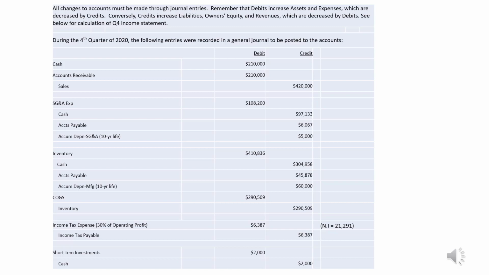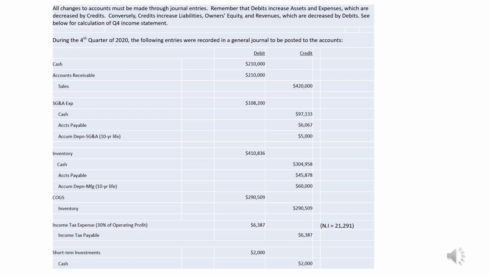Now when I take the sales of $420,000 minus my SG&A expenses of $108,200 minus my cost of goods sold of $290,509, that gives me net income of $21,291. And my income tax is 30% of that, which equals $6,387. Haven't paid it yet, but I have to accrue it.